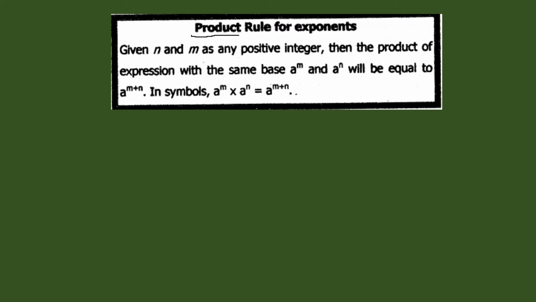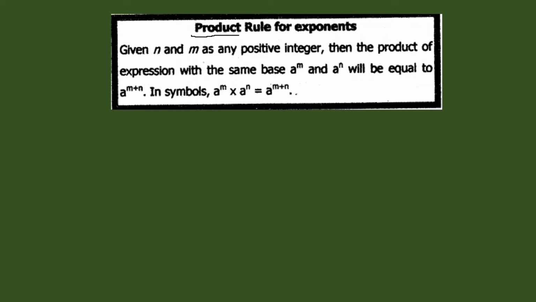Given n and m as any positive integer, the product of expressions with the same base, a to the m and a to the n, will be equal to a to the m plus n. In symbols, we say a to the m times a to the n is equal to a to the m plus n.